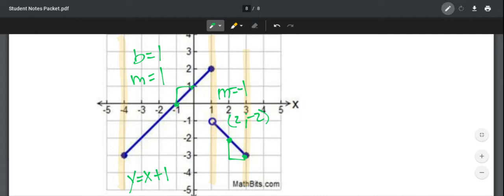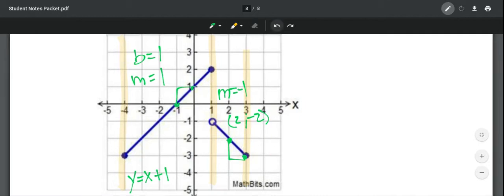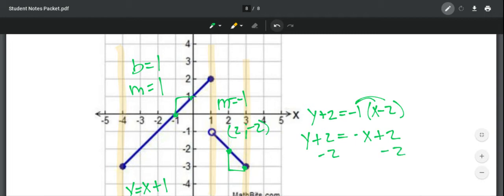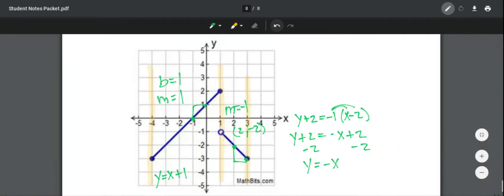So your equation would be y minus -2 equals -1, x minus 2. So I'm going to distribute: y plus 2 equals -x plus 2, -1 times -2 is positive, minus 2. So y equals -x, and 2 minus 2 is 0. So those are my 2 equations.